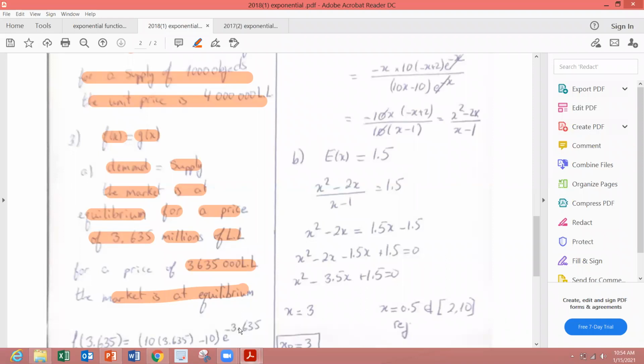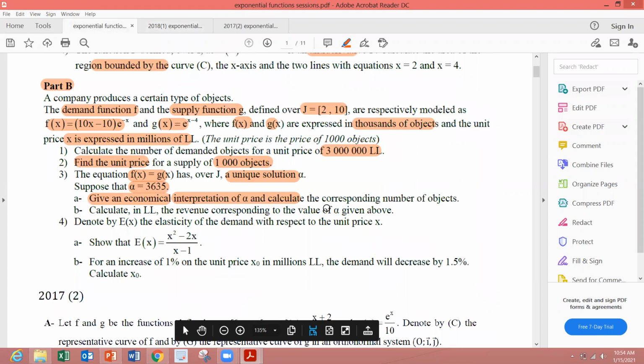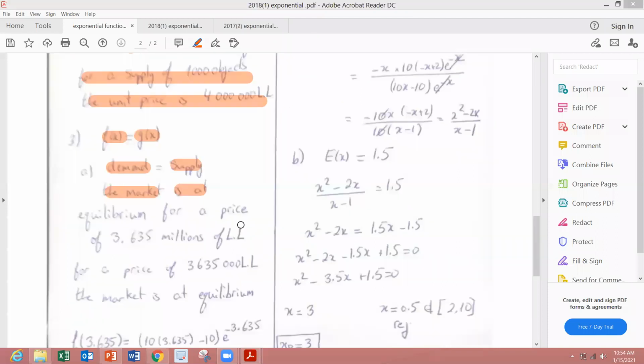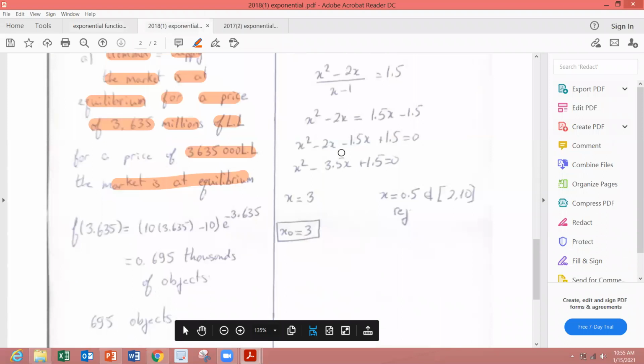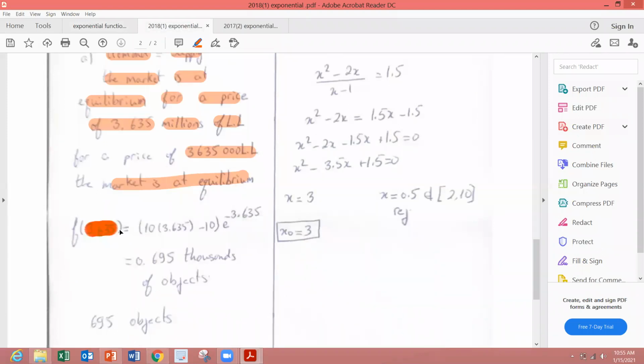Then you are asked to calculate the corresponding number of objects. How to calculate the corresponding number of objects? We compute f of 3.635, or g, since they are equal. f of 3.635 equals 10 times 3.635 minus 10.